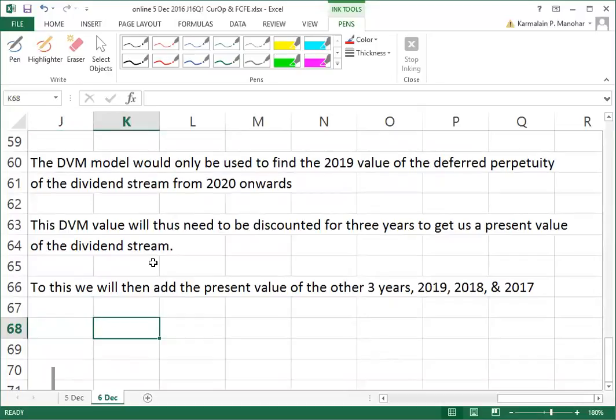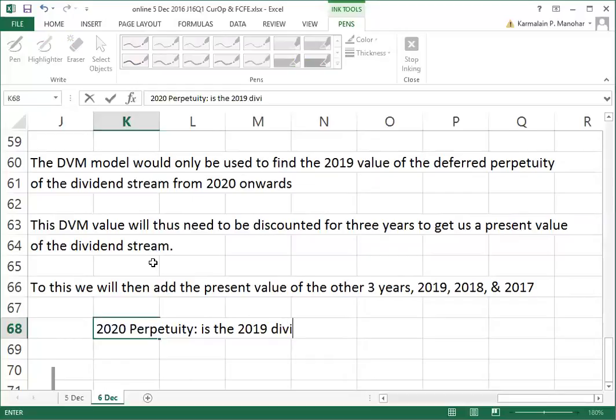So the 2020 perpetuity is the 2019 dividend of 31 cents, 0.31, straight from the question.